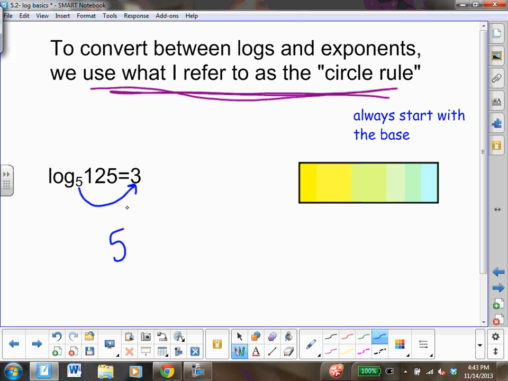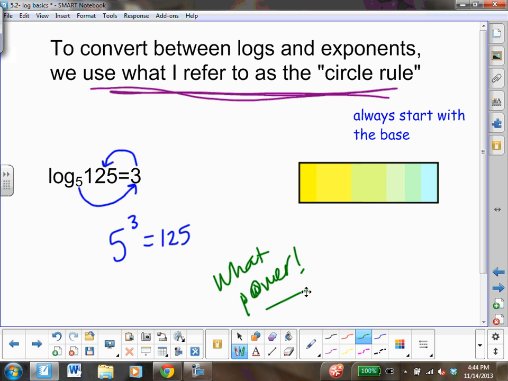So we say 5, and then we go across the equal sign. 5 to the 3rd power equals 125, which is a true statement. So whenever you're evaluating a logarithm, you're really asking yourself the question, what power makes the statement true?